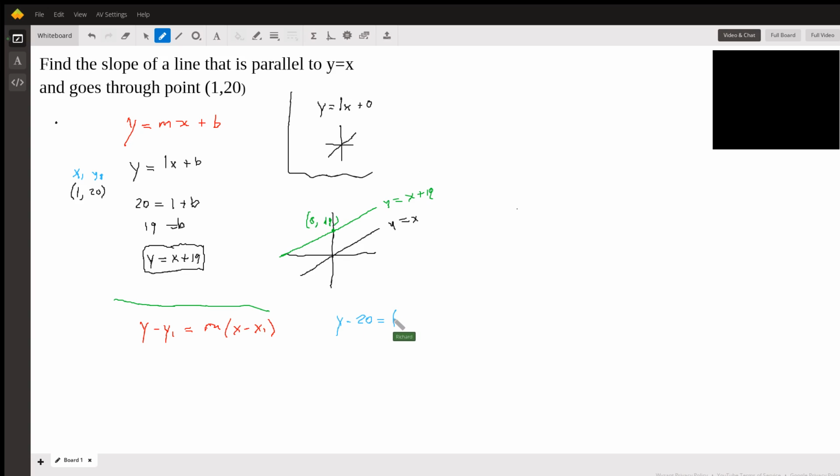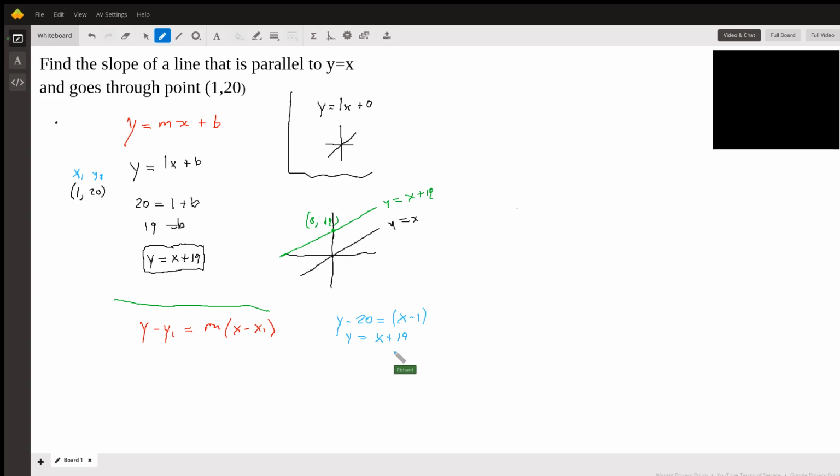So we won't bother writing it. m is 1. x minus 1. You can see. And so you're going to get y is equal to x plus 19. So it's the same answer using point slope.